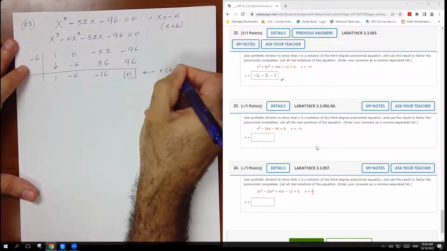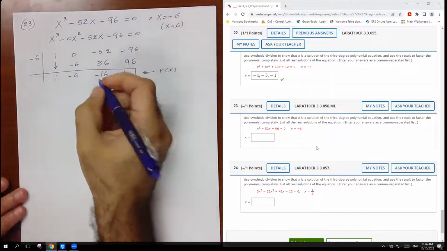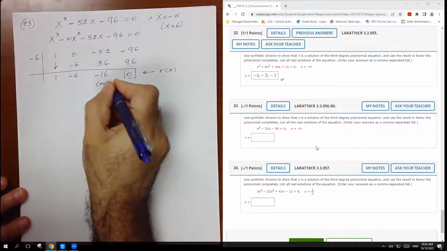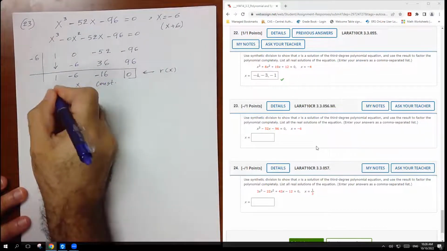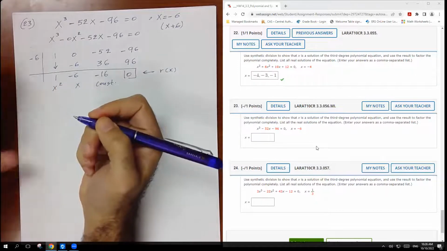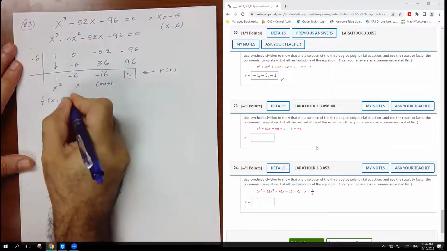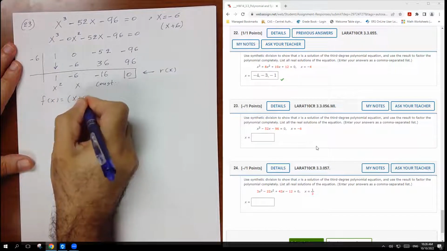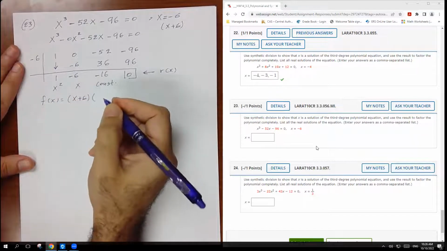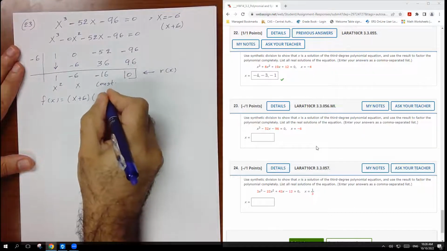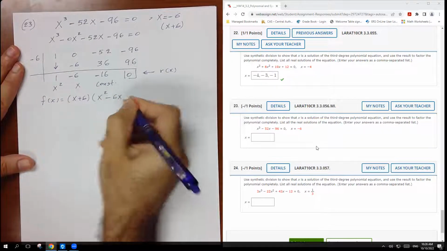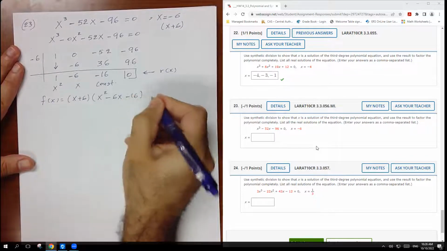So the remainder is 0. This is the constant, x squared. That means f of x is going to be x plus 6 and x squared minus 6x minus 16.